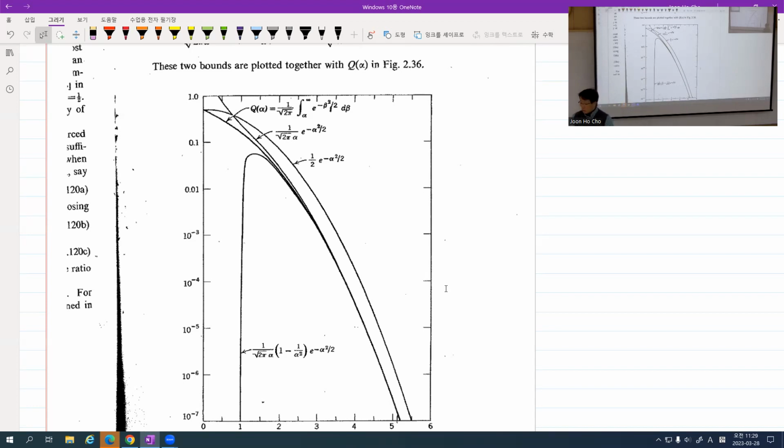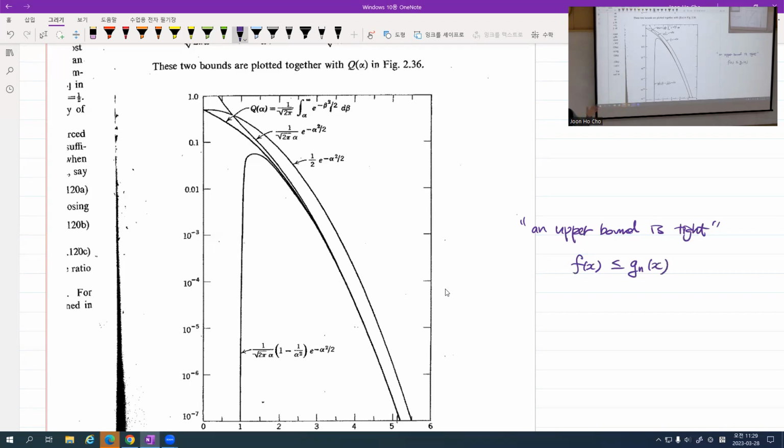Here also, there is an upper bound that is tight. What does that mean? Usually, when we talk about an upper bound on a function, we have f of x, and here is g sub n of x, parameterized by n.